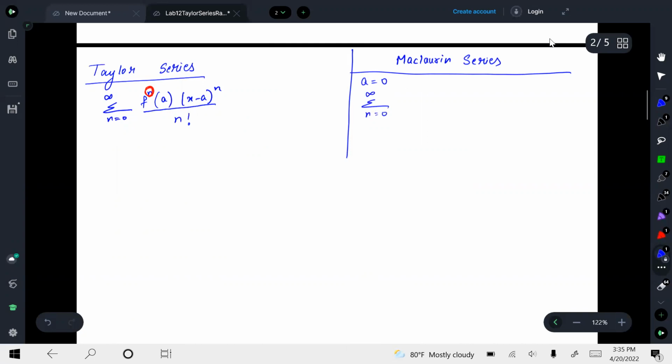So this is f to the power of n of 0, x minus 0 is x to the power of n. So I will write that directly, divided by n factorial. We will be using both these formulas to solve the following problems.